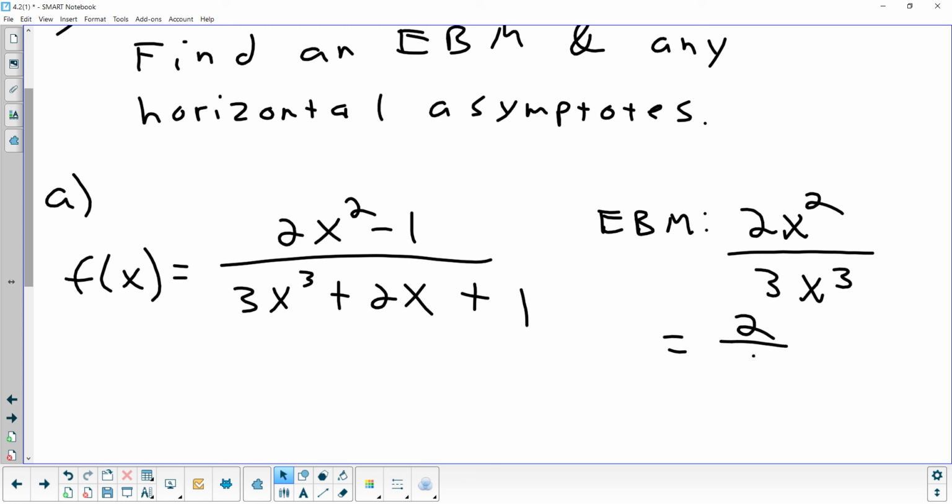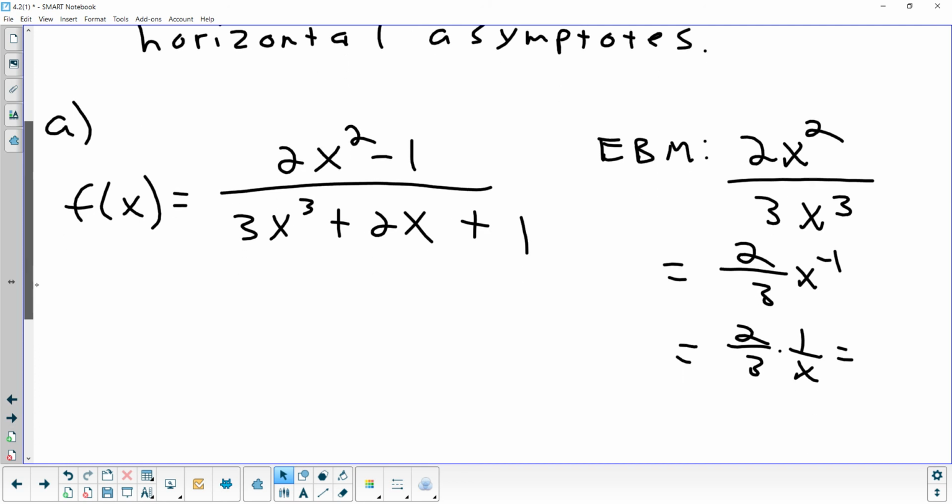You could write 2/3 x to the negative 1, but what does that mean when you have x to the negative 1? Where would that x really be? It would mean 1 over x, right? So it really means 2/3 times 1 over x, which comes out to what? Yep. 2 over 3x. And that's generally how we want to write it.